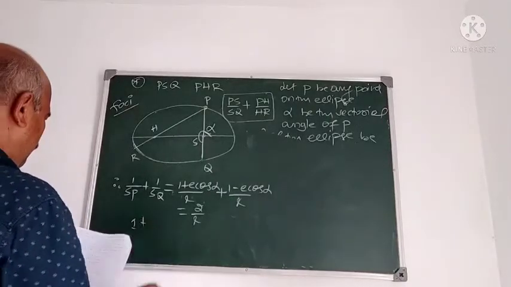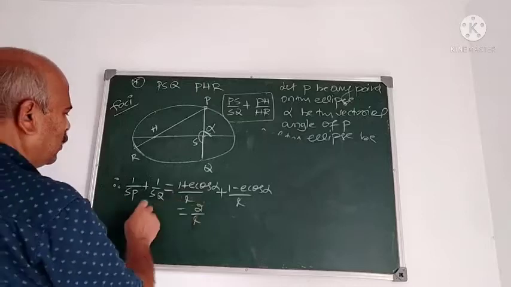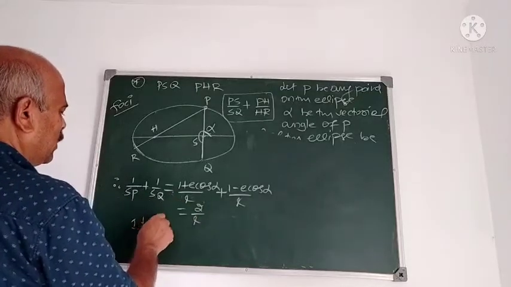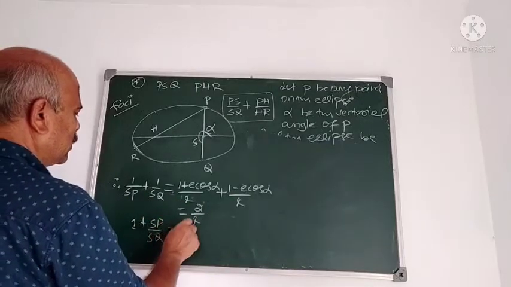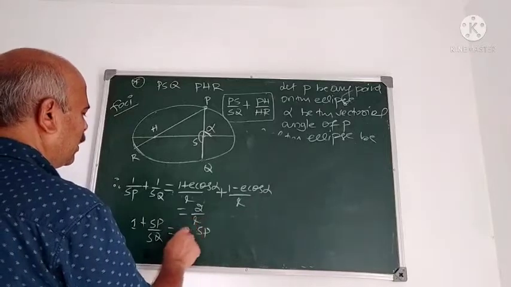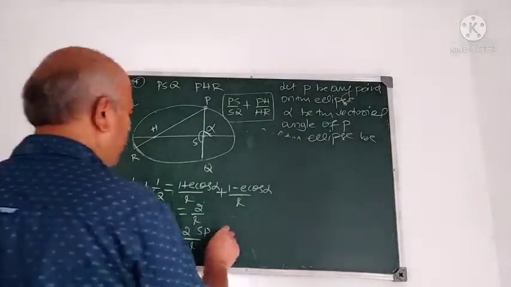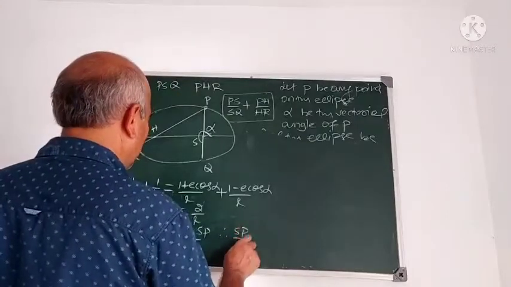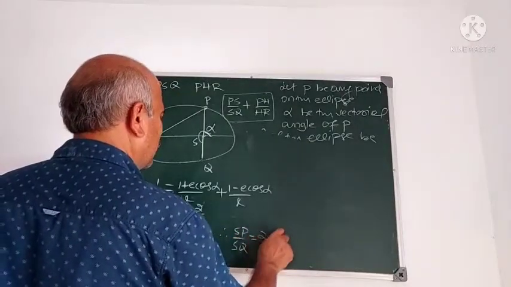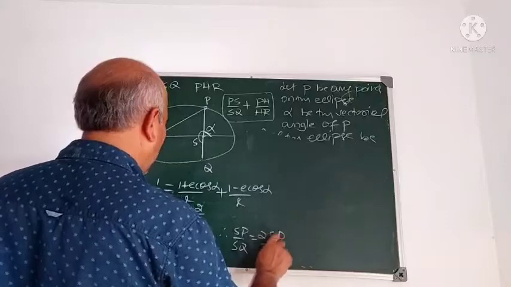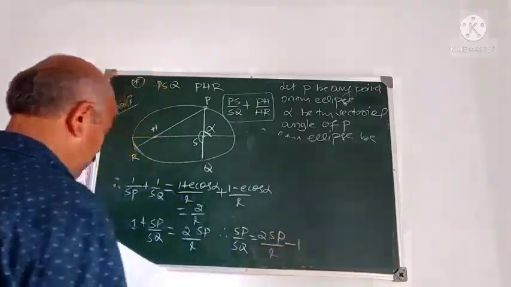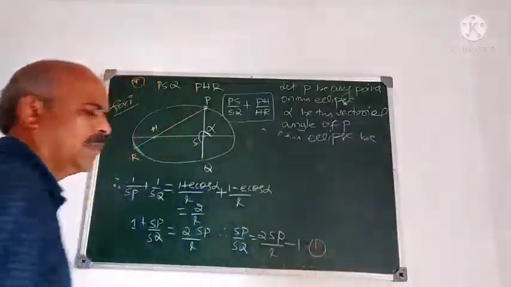I multiply throughout by SP here. 1 plus SP by SQ is 2 SP upon L. Therefore, SP by SQ is 2 SP upon L minus 1. Take this as 1.